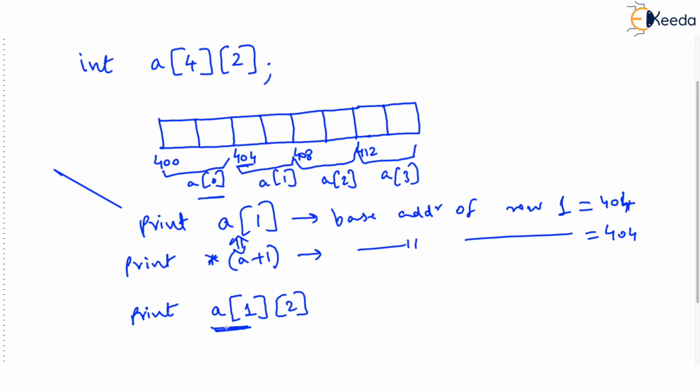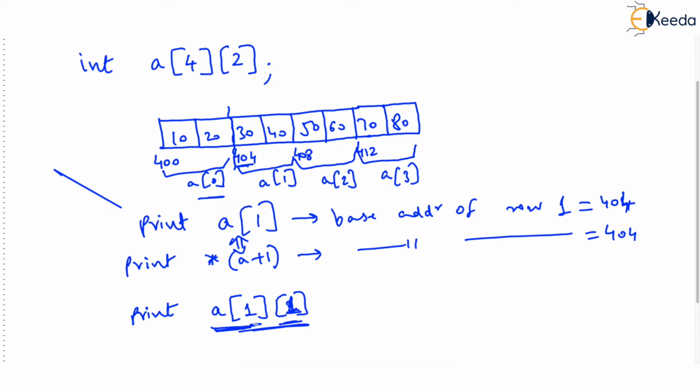I want value stored in first row and second column. Now imagine that the values stored are 10, 20, 30, 40, 50, 60, 70, 80. Imagine this. What is A12? It is value stored in first row. Remember, first row starts from 404, correct? And sorry, this is not 2, this is 1, A11, sorry.